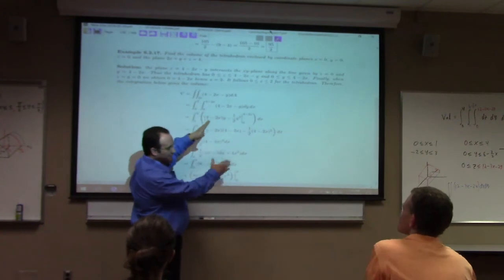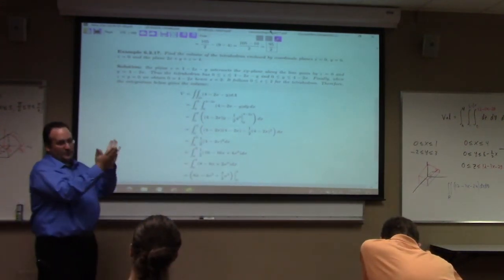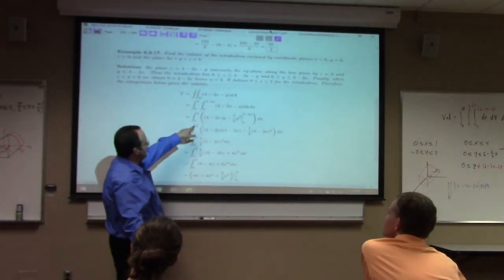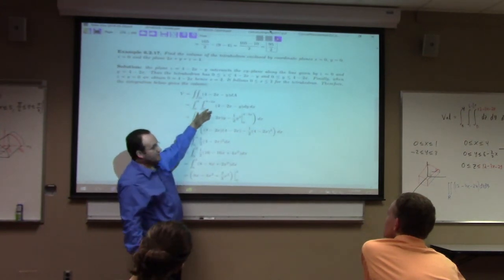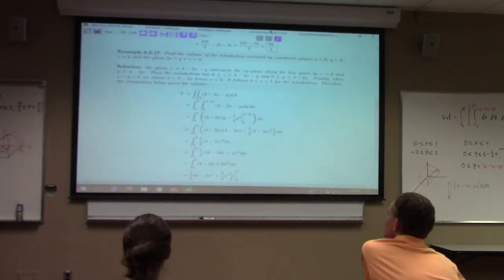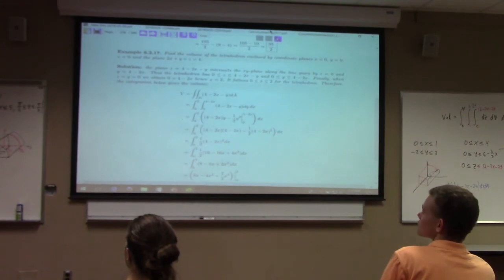Because when you look at the picture, it's just like the one we just did. There's some triangle that we should be integrating over. And that triangle is given by 0 ≤ y ≤ 4 − 2x, and x going between 0 and 2. As you can see, I have variable bounds, as I ought to. So, if you're going to study an example, if you have to pick one of them, pick example 17 is my point.